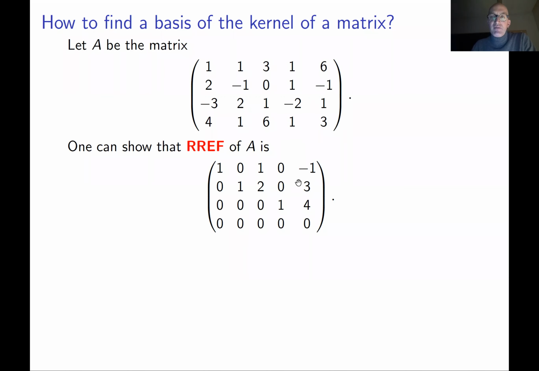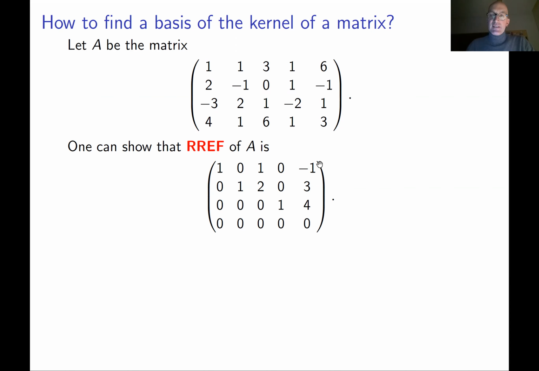But then you think, okay, the kernel of this matrix is the same as the kernel of that matrix, but the kernel of this matrix is easy to find. If you multiply it by a vector x1, x2, x3, x4, x5, the last row gives you the equation 0 equals 0. The fourth row gives you the equation x4 plus 4x5 equals 0.